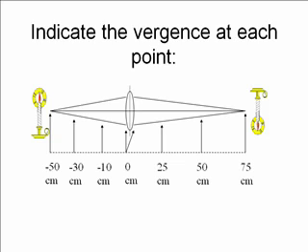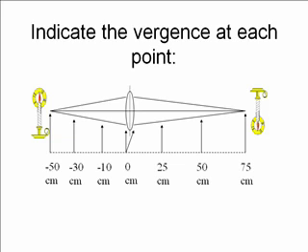No. If you look carefully at the baseline of this diagram, the distances are not given with respect to the object. They're not given with respect to where the rays of light converge. The distances are given with respect to the lens. For us, the lens is not an important landmark in determining what the vergence is.